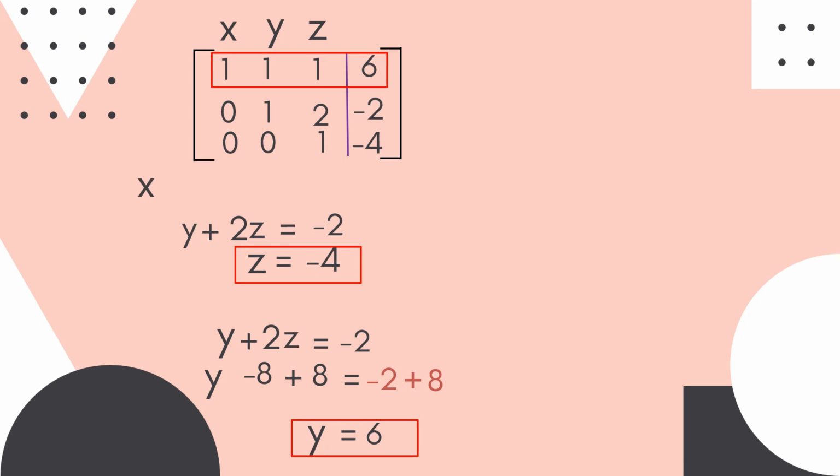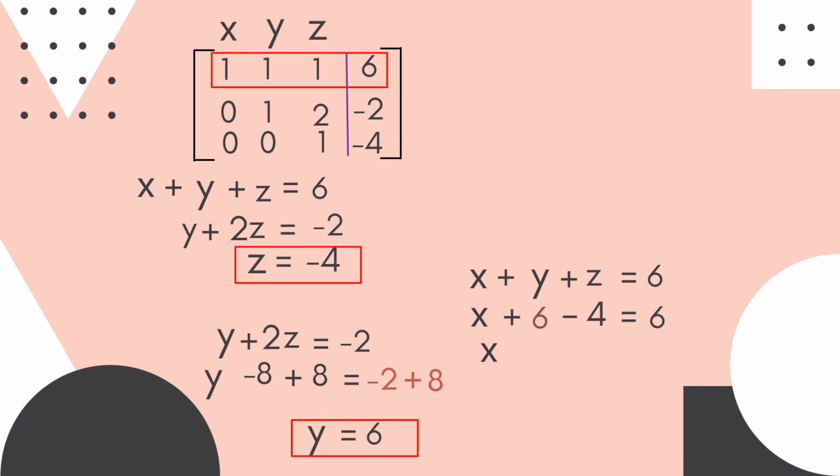We have here already the value for z, which is -4, and the value of y, which is +6. Okay, let's solve for the first equation. x plus y plus z is equal to 6. To find the value of x, we're going to substitute the value of y and z. So, the value of y is +6, and the value of z is -4. Let's combine like terms. x plus 6 plus -4, this is equal to x plus 2.